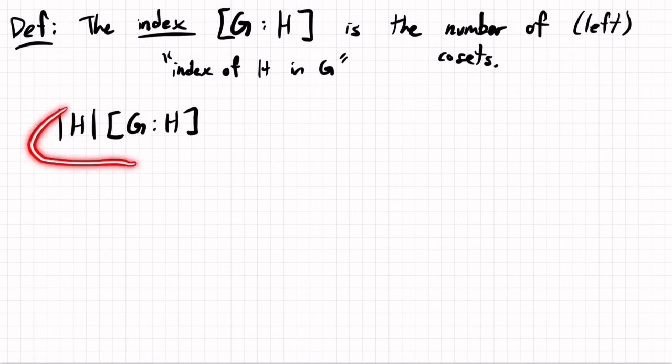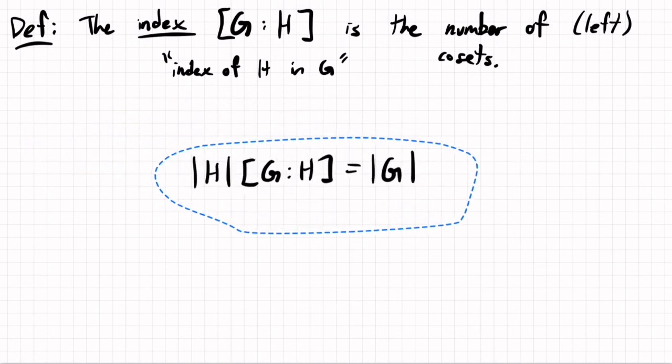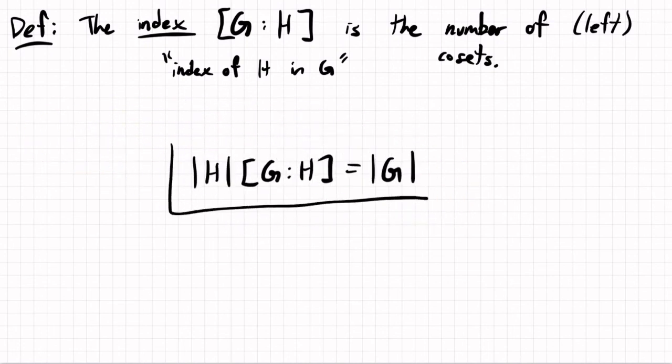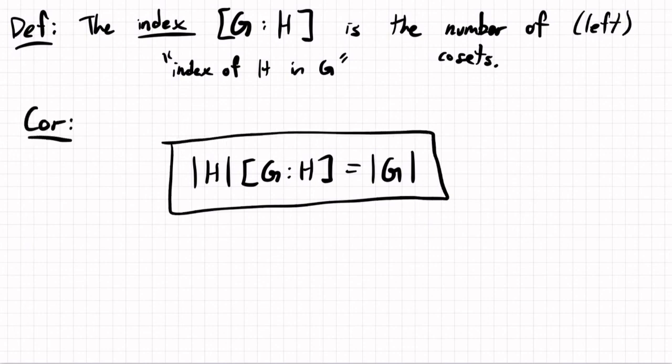And since these form a partition of G, that will be exactly the same number of elements as the number of elements in G, which is the order of G. So maybe this is kind of important. This deserves a box around it, and I'll call it a corollary. This is called the counting formula.